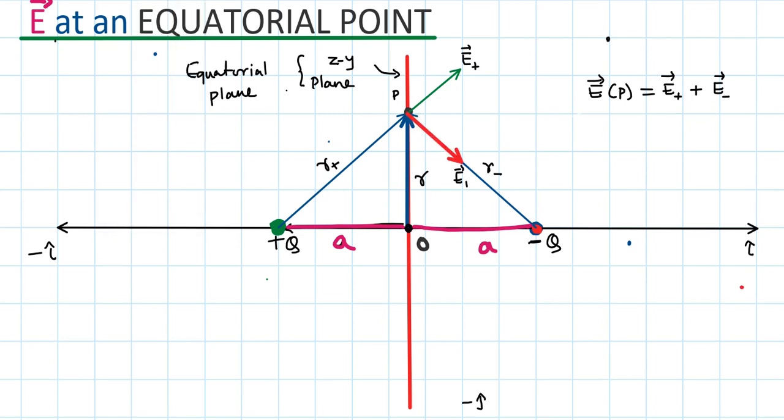Okay, so what is the sum of two vectors? In this case, we have two vectors, E plus in that direction and E minus in that direction, both acting at the same point P, which means their sum can be taken using the parallelogram law of vector addition.